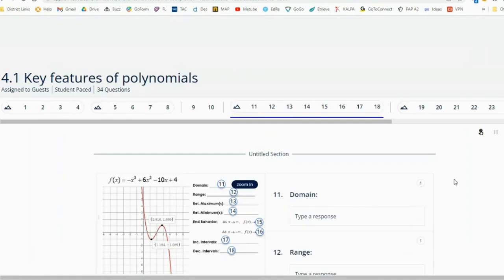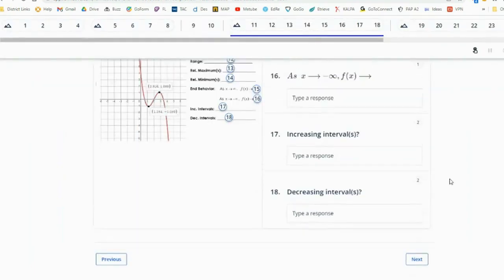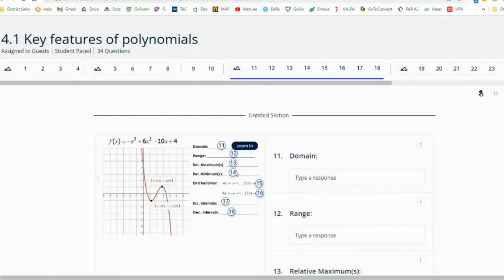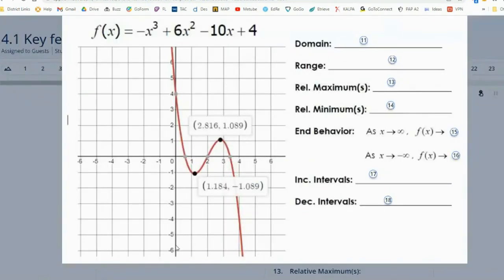Then I think I've got 3 problems that are all like this. Let's zoom in on it. I give you the graph. I give you these points that Desmos gave us. I ask you, what's the domain, the range? It's just like the last problem we just did together. What's the relative maximum? There may be more than one.